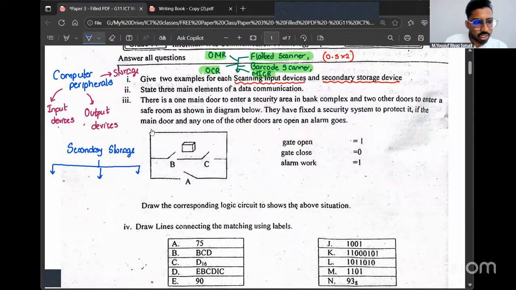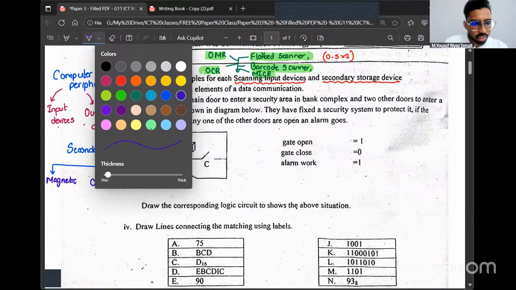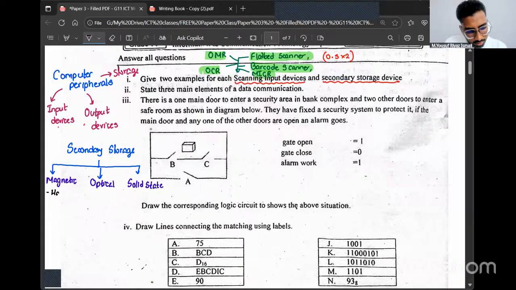One is called magnetic storage device, one is called optical storage device, and one is called solid state secondary storage device. Under magnetic storage device, some examples are hard disk, magnetic tape, and floppy disk. These are the devices you can mention for magnetic storage.